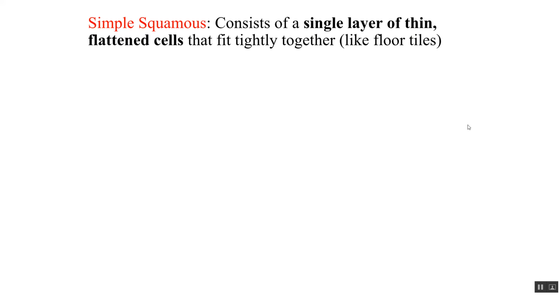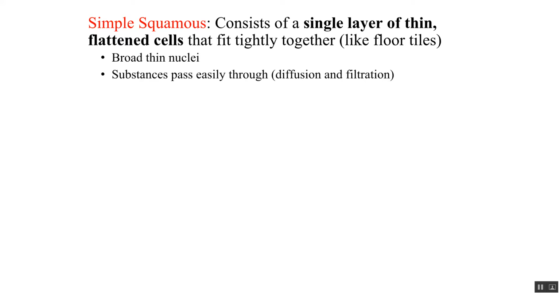All right, so simple squamous, please write this down in your notes. It consists of a single layer of thin, flattened cells that fit tightly together, kind of like floor tiles. They have broad, thin nuclei. Substances pass easily through.